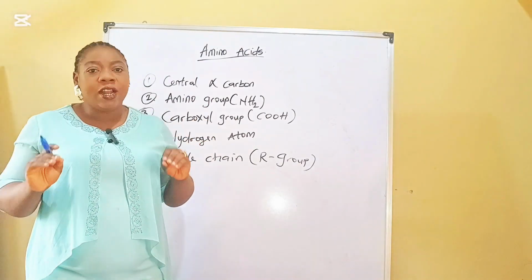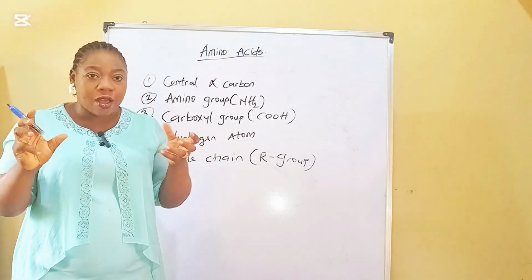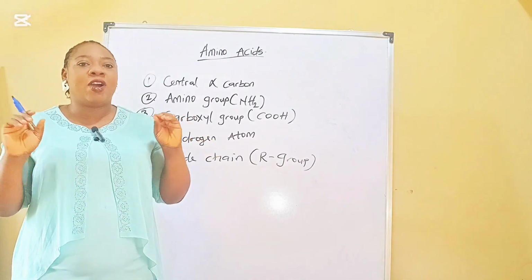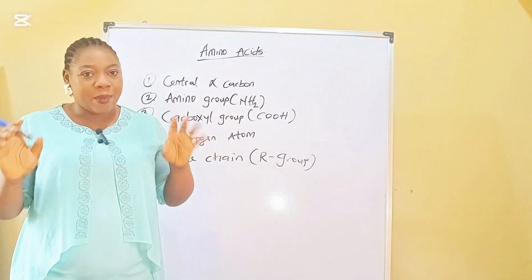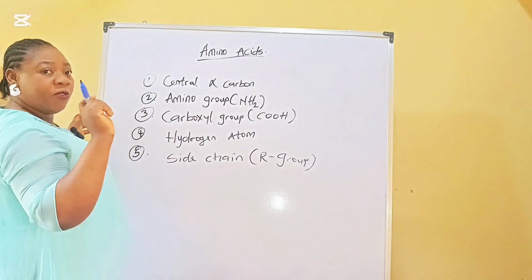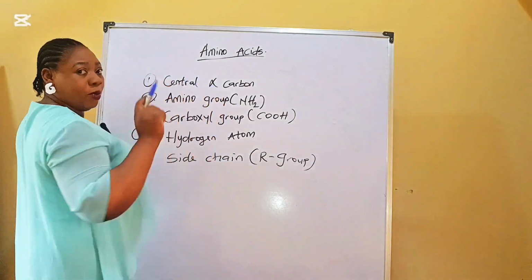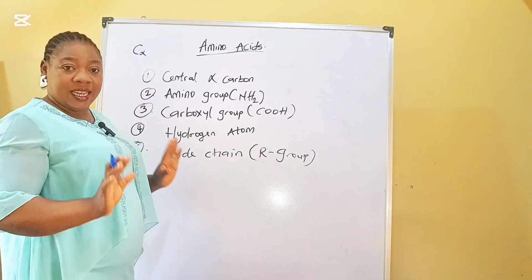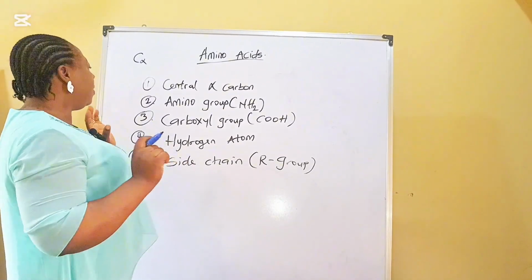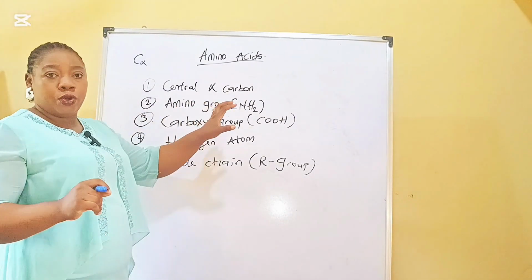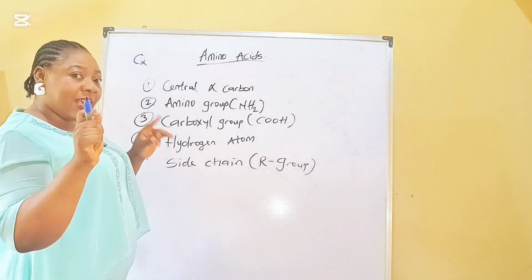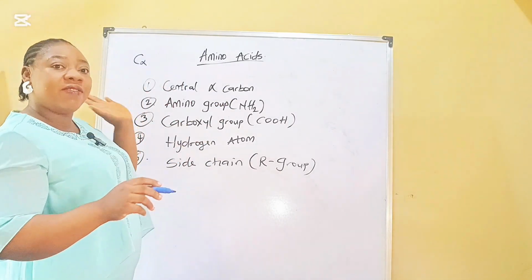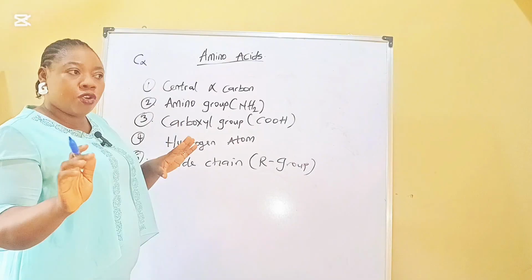So, with that knowledge, let us try and sketch out the general structure of an amino acid now. We said first we have the alpha carbon, which is at the center. This is our alpha carbon at the center. Now, we said it is followed by the amino group, which, as I said earlier, is usually at the left side of your structure.